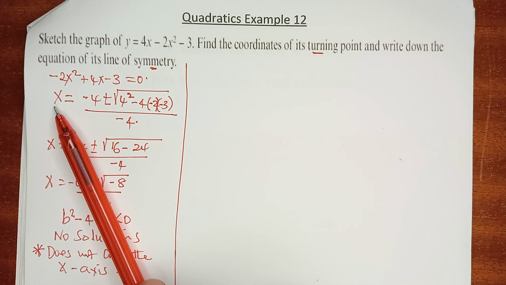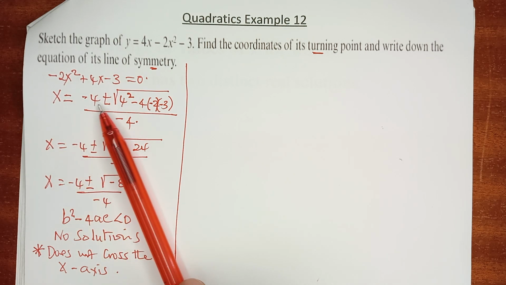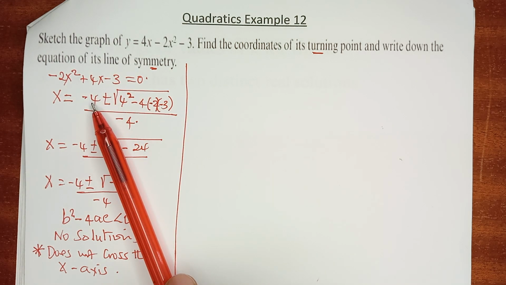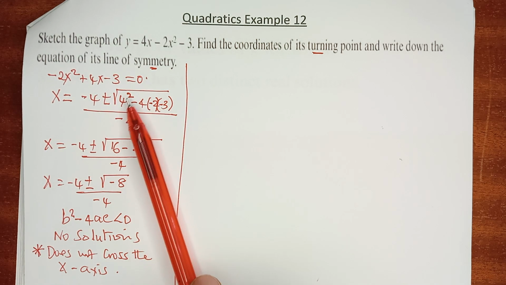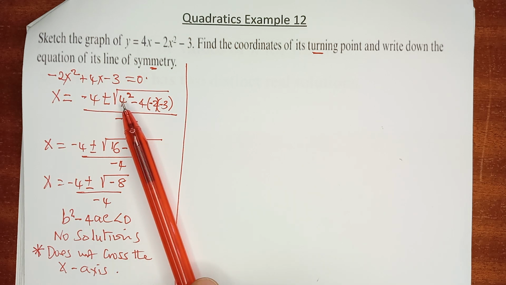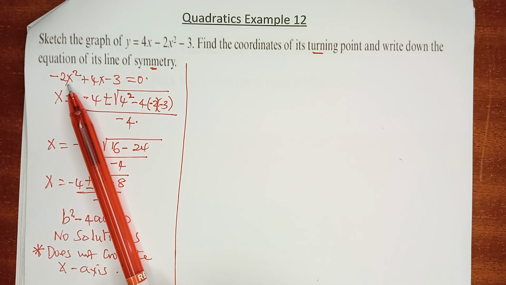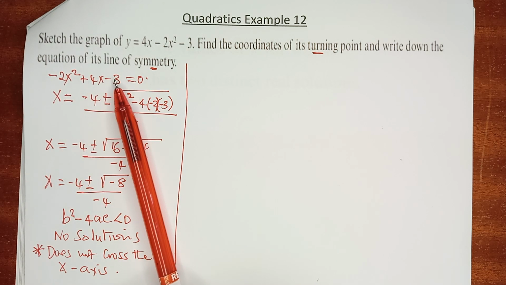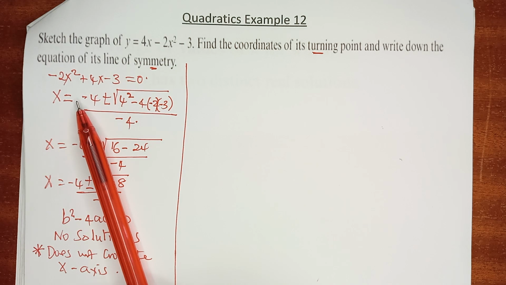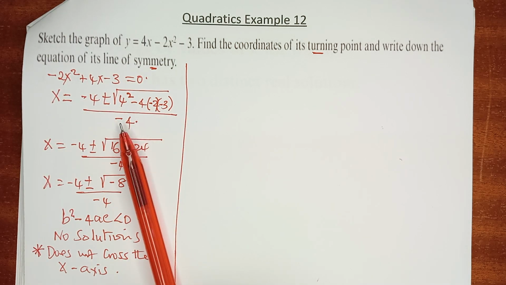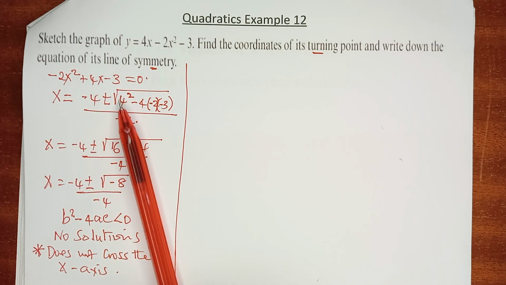Because it can prove tough to get some terms using the factorization method, I decided to use the quadratic formula here. We have minus b, which is minus 4, plus or minus the root of b squared minus 4ac, where a is negative 2 and c is minus 3, and everything over 2a, where 2a is 2 times minus 2, which is minus 4.